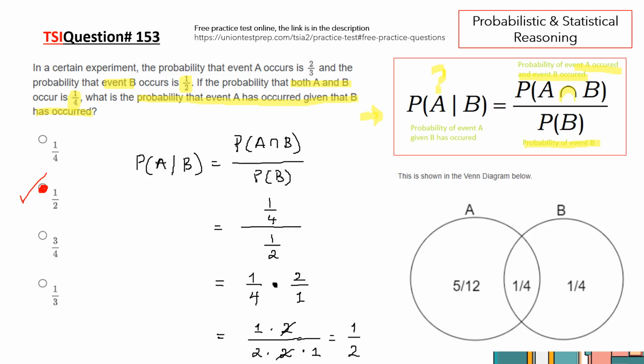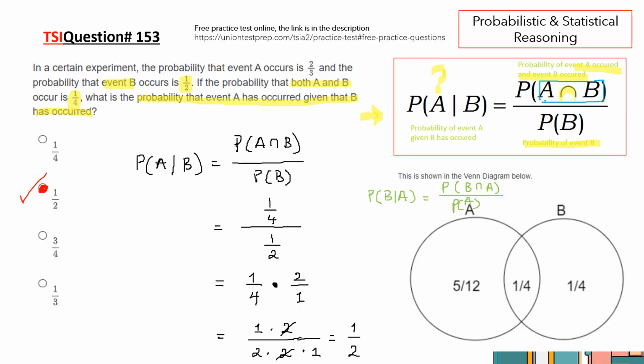A bonus for this question: if they're asking for the probability of B given A, we still need the probability of B intersect A over the probability of A. The easy thing to remember is that we always have the intersection between two events at the numerator.